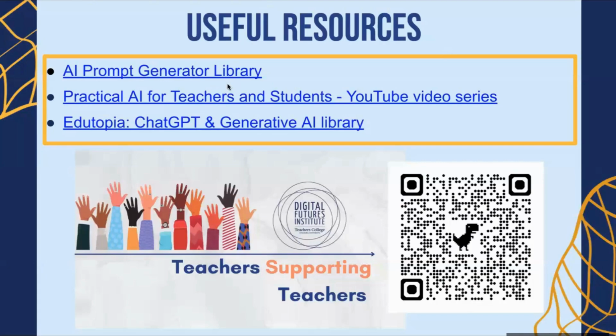So there's that prompts generator library. Also, there's a YouTube series called Practical AI for Teachers and Students. That's really great. It has a lot of really great strategies of how you can use AI. And then Edutopia has a great AI library of resources and articles about ChatGPT and generative AI for K-12 educators.